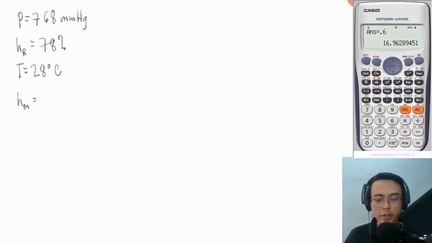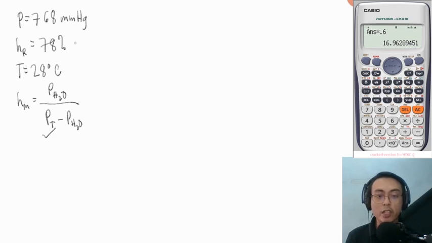So here's your given. Again, I will write the formula for the molar humidity. We want the partial pressure of water over the total pressure minus partial pressure of water. We already have the total pressure, that's your 768 millimeters mercury. What we just need to determine is the partial pressure of water.